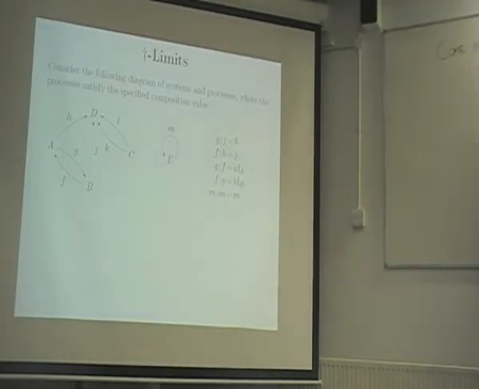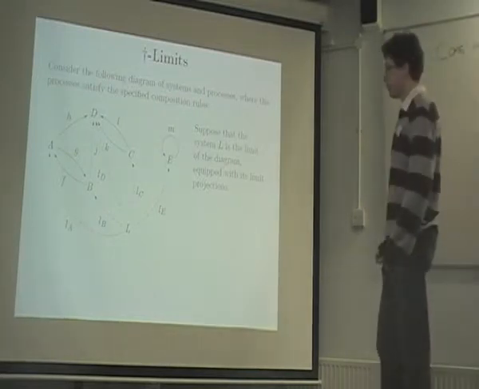So basically, we stick together A, B, C, D, and E, but quotient by the action of the diagrams that we've got there. That's what an ordinary limit in category theory normally looks like.